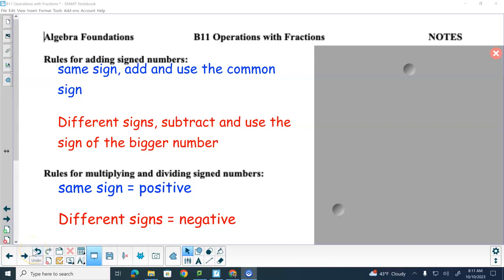So now let's talk Unit B. Let's talk fractions. Adding and subtracting fractions. What are my steps for adding and subtracting fractions? What do you got, Norm? First off, we got to find a common denominator. Then what do we got to do second? Not yet. That's third.